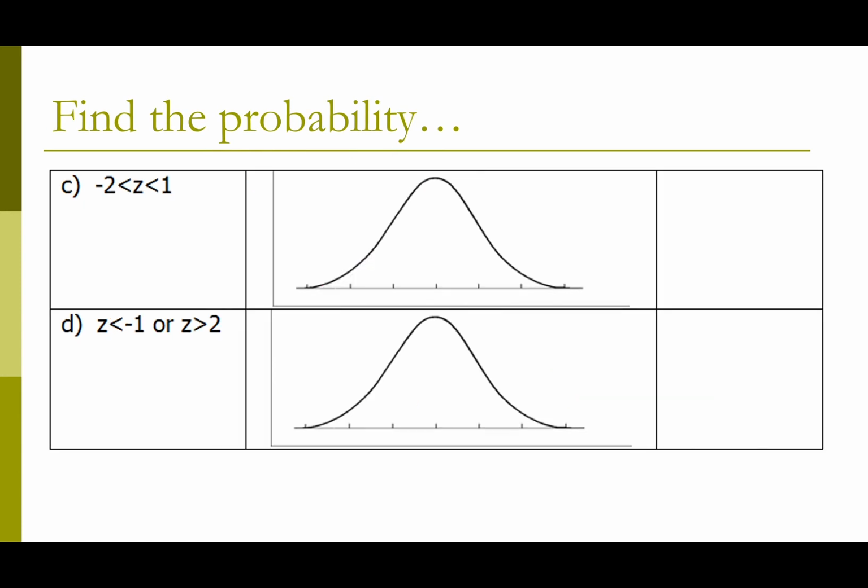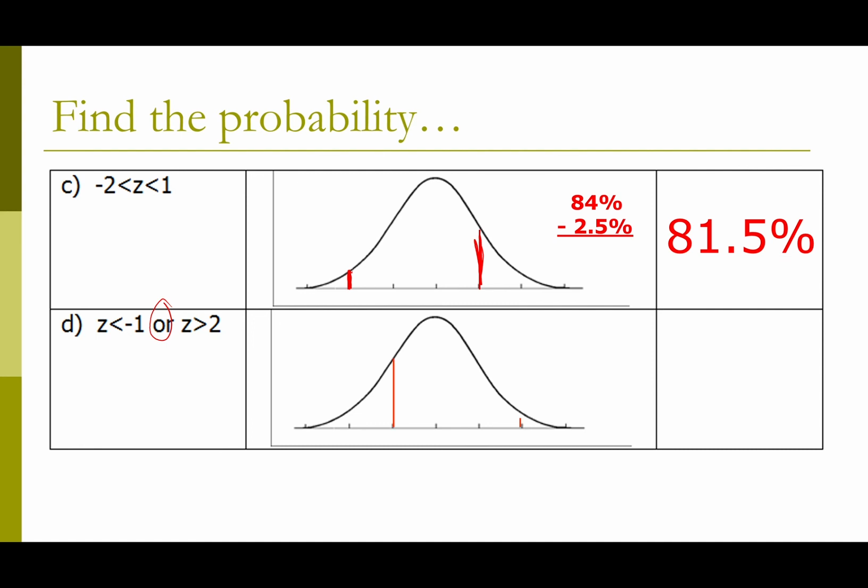Now let's find something between two values. So what I want to do first is find the below 1. So my percentile at 1 standard deviation is 84%. At a z-score of -2, my percentile is 2.5%. And when I subtract those, I get 81.5%. When I have or, I need to add my values versus subtract.